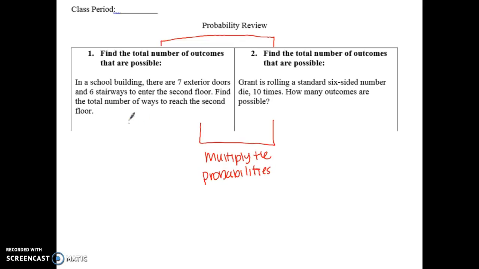For example here, there's 7 exterior doors, 6 stairways. All you would say is 7 times 6. That's your total number of outcomes.